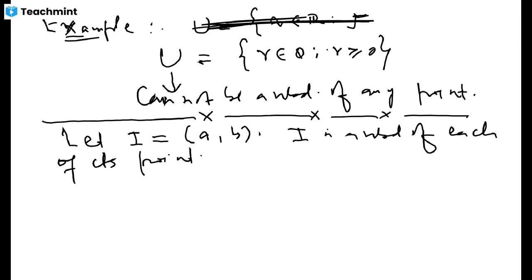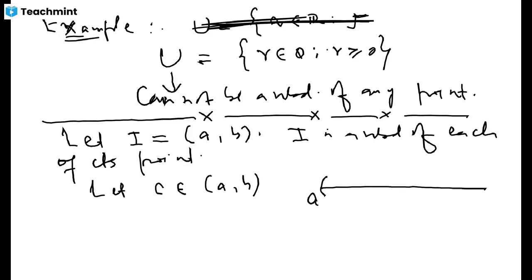Let us take an element C in this open interval (A, B). Suppose you have this open interval with left endpoint A and right endpoint B, and C is lying somewhere here. This distance is C minus A, and this distance is B minus C.